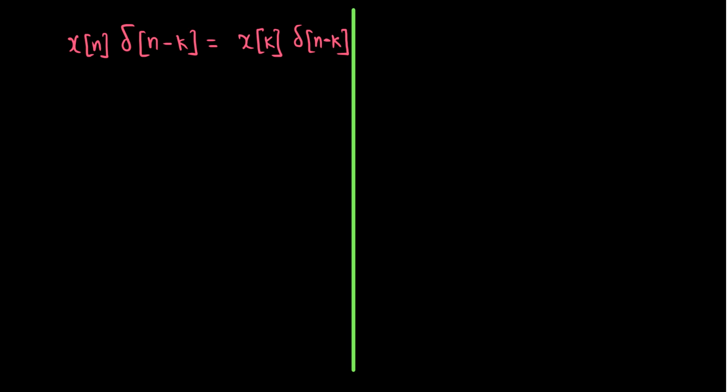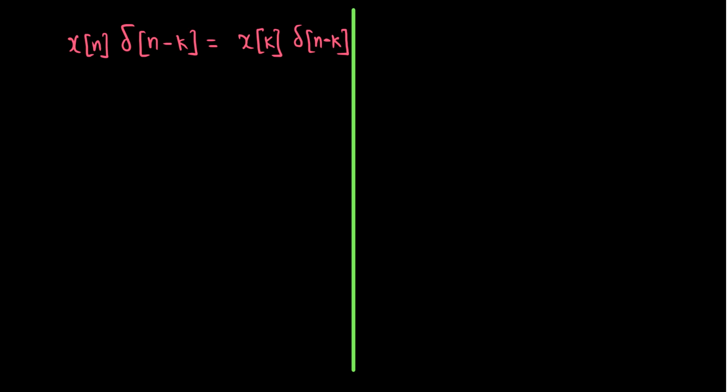So when you have a shifted impulse being multiplied by a signal x of n, it simply picks or sifts the value that is present at the kth instance. So it simply results in the same shifted impulse, but being scaled by the value of x that is present at the shift location, that is k.